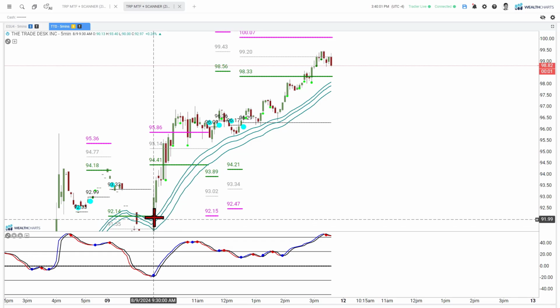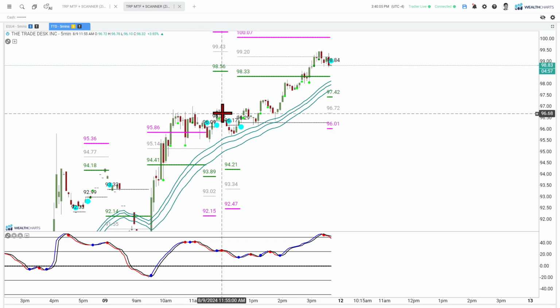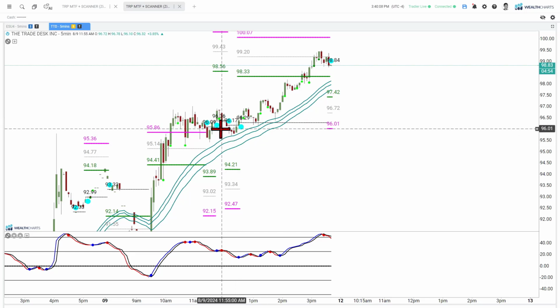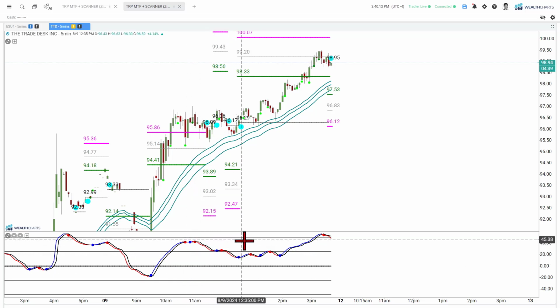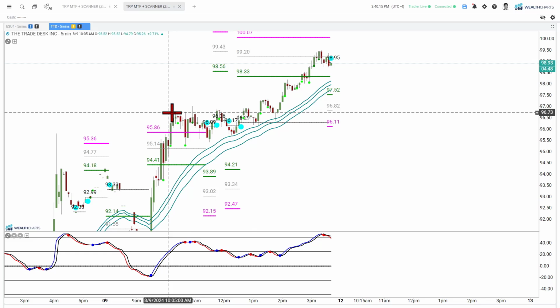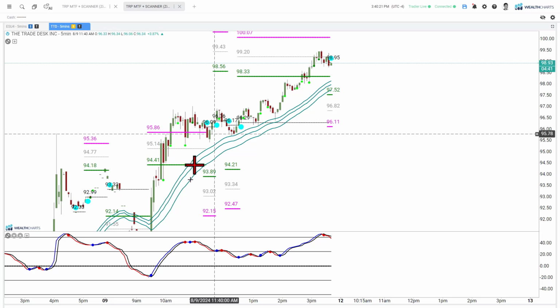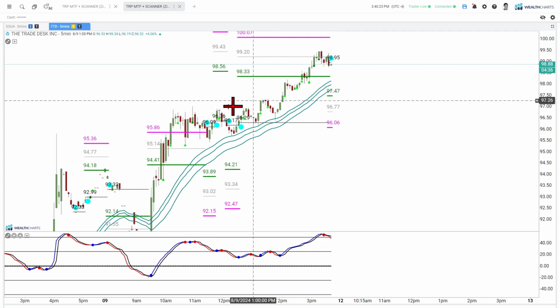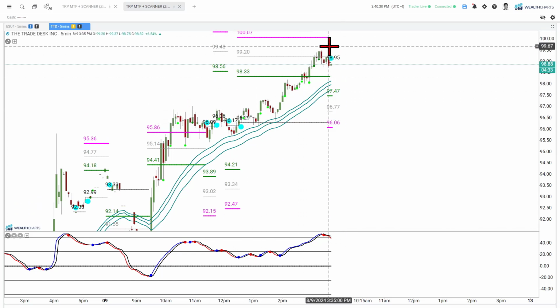We obviously got a big blast off in the morning, and then we went sideways, and you can see the up and down signals in a sideways fashion, which is something I love to see, as long as I'm also getting up and down signals in the subchart and keeping a range in price. That means we're likely coiling up to burst, and typically it's in the direction of the channel. And boy, did we ever. From all that coiling, up and away we've gone into the last little bit of the day.